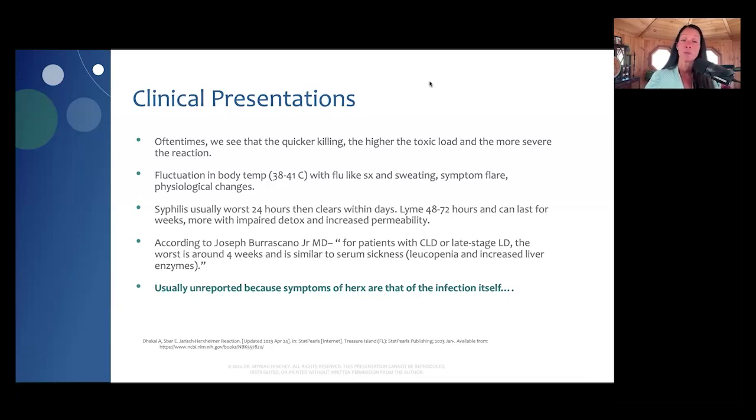A lot of times we will loosen our stools to aid in detoxification. You can see fluctuation in body temperatures, flu-like symptoms, sweating. With syphilis, this was usually worse within the first 24 hours of treatment, and it would clear within a couple days. With Lyme disease, it actually is worse about 3 days or 72 hours into treatment, and it can last for weeks.